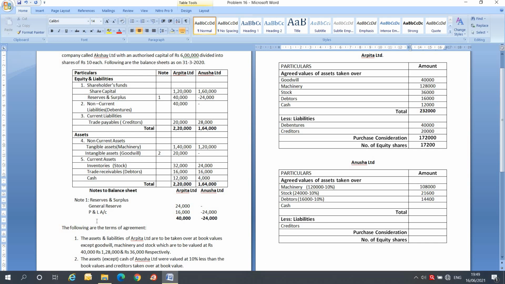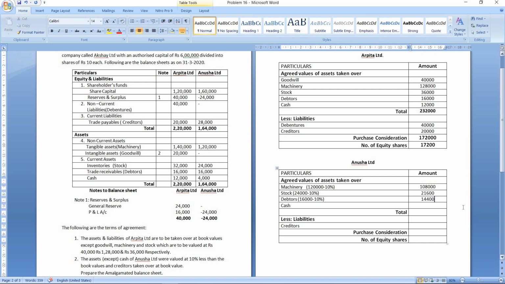Now here they have given except cash. That means you have to take cash at the book value. So book value of cash given is 4,000. Okay, so we have taken all the assets. So let us make the total of the assets. Total is 1,48,000. From that you have to minus outside liabilities, that is creditors, which is to be taken over at book value.